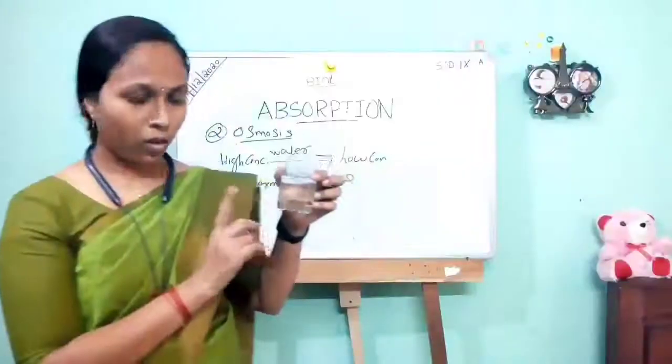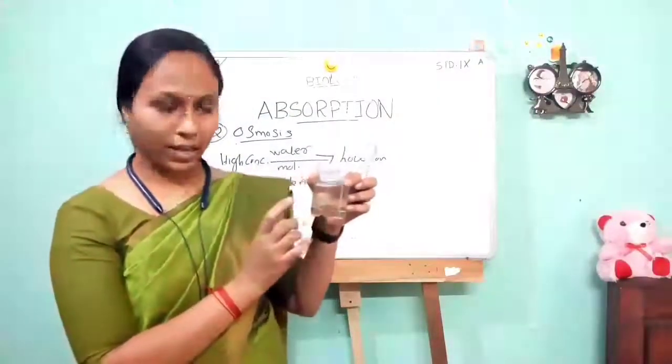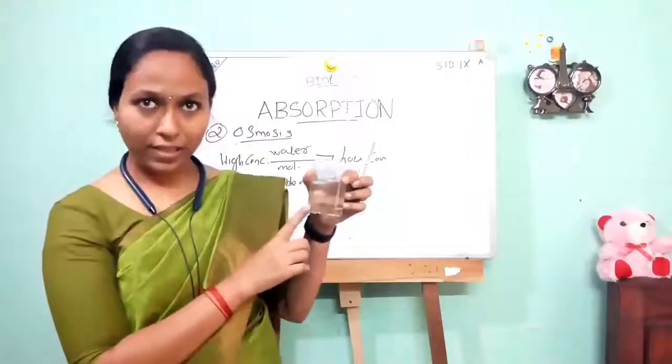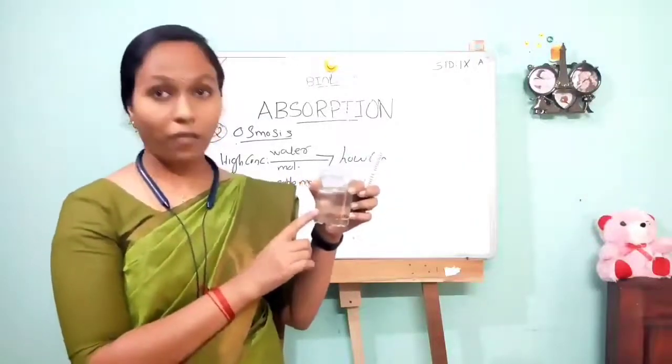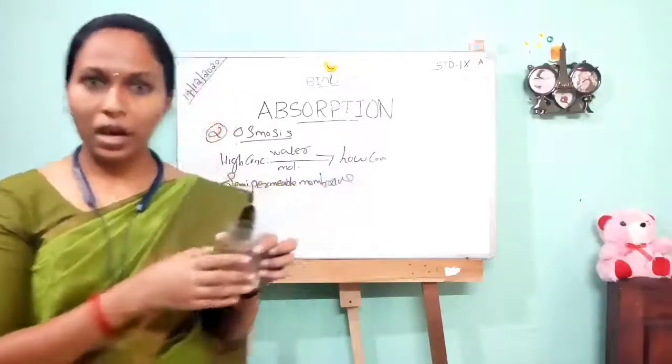This is an example of osmosis. Water molecules enter from a region of higher concentration to a region of lower concentration, that is, to inside the resin. Are you clear?